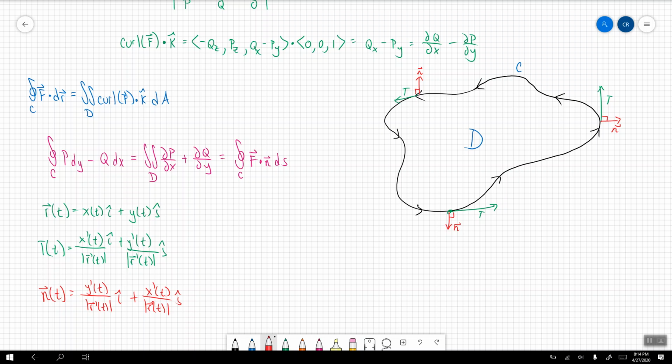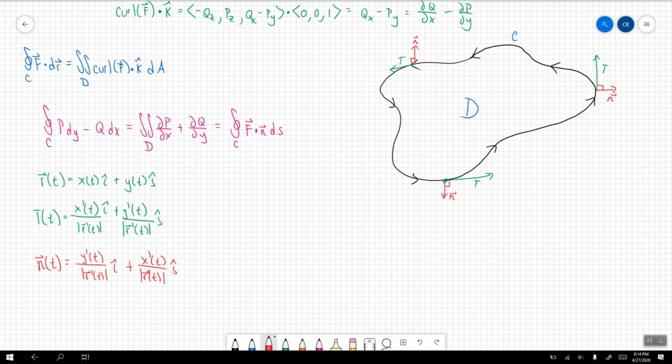Because we built this tangential vector based off of the position function, we can now extract this normal component. Awesome. Let's keep working with that.